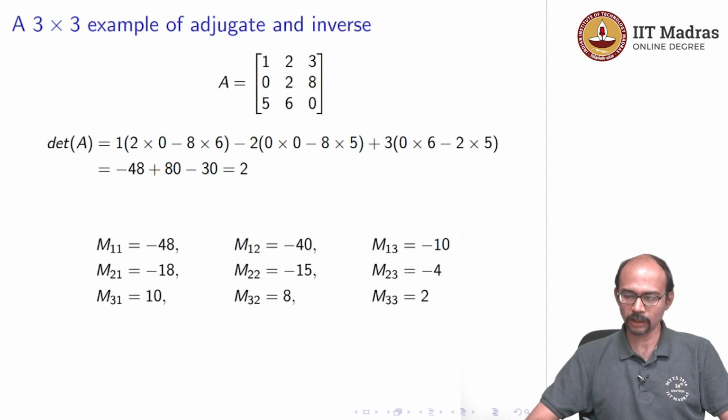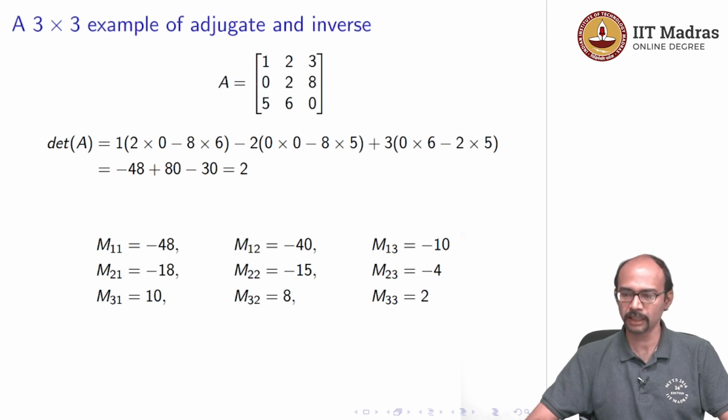So, let us now work out the minors. Well, the minors are written here. I guess you have to work out these minors by yourself. So, just to check that M11 is correct, that is exactly the number appearing in the bracket corresponding to 1 in that expression for the determinant of A. So, that is 1 times minus 48, the first term in that expression for the determinant of A, so M11 is minus 48.